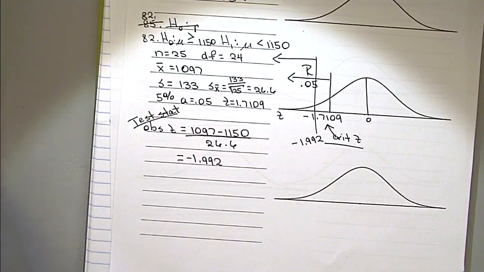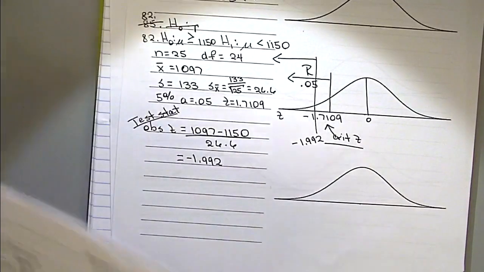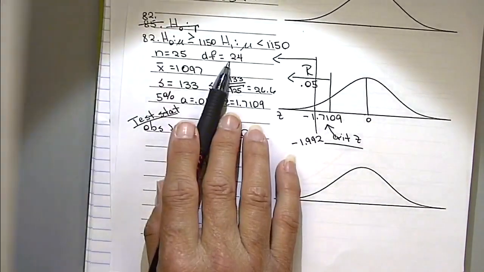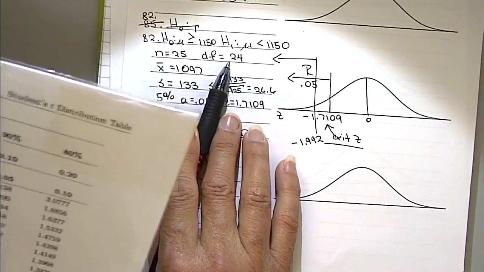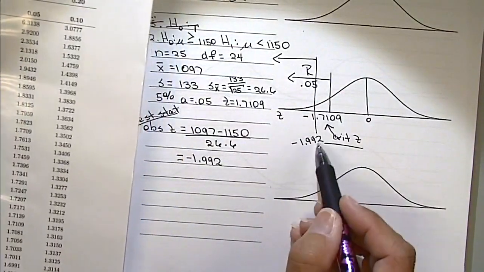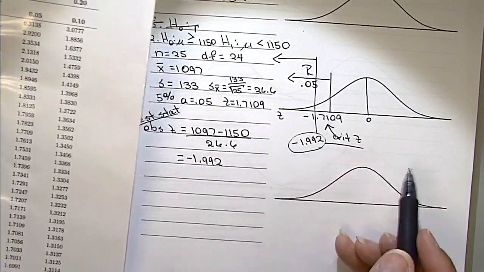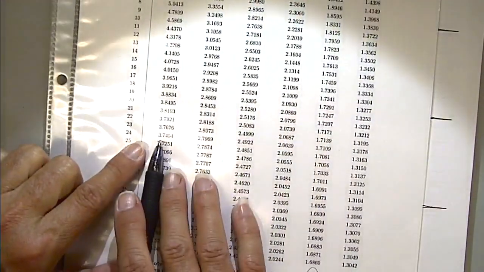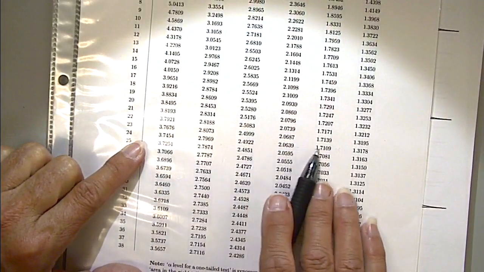The p-value for that one, listen guys, if you've got a t-table, you can only use one row on the t-table. You can only use degrees of freedom 24. That's it. We can't do anything else, okay? So what I'm looking for is a negative 1.992, we'll say, and I'm only looking for it on this row, 24. I'm looking for 1.99.